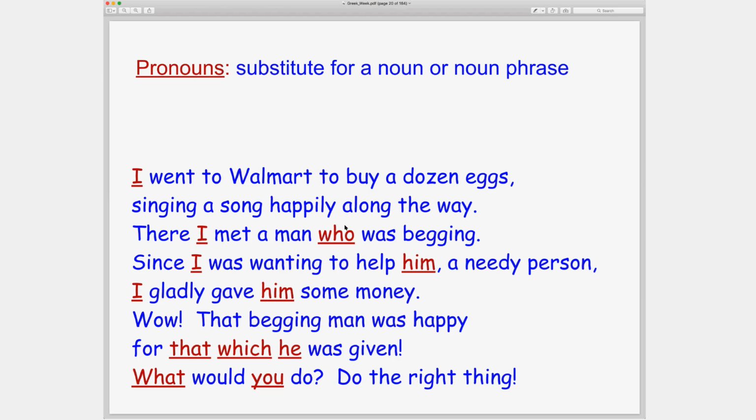The man was begging. A substitute for a noun or noun phrase. Generic substitute. Begging man was happy for that. For what? The money. Which? What? The money. He. Who? The man.